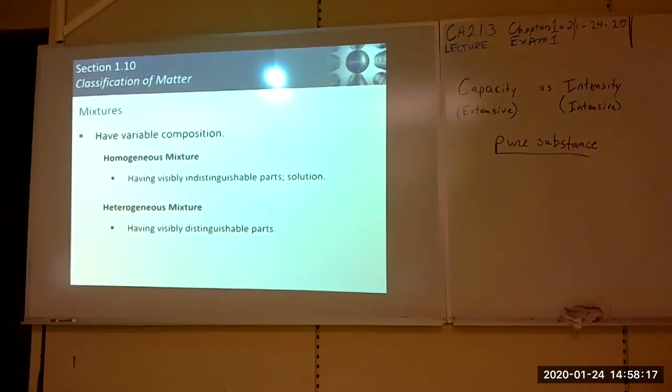Another name for homogeneous mixture is solution. The interesting thing is, when you mix two or more gases together, they always form homogeneous mixtures, every time. Does that seem strange?